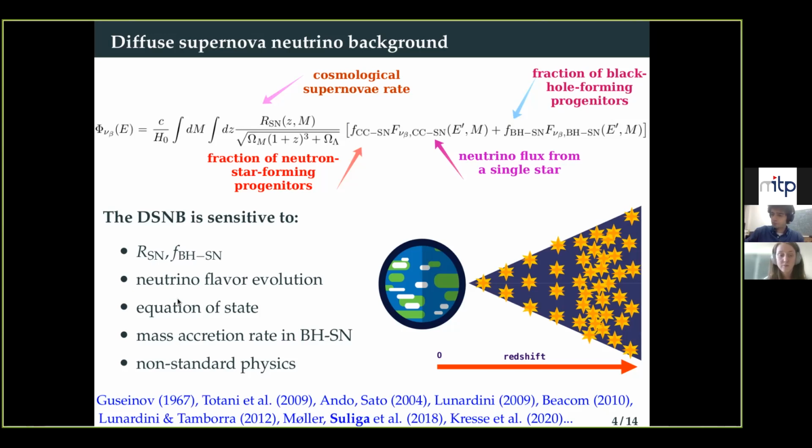Like, as I mentioned before, what is the neutrino flavor evolution in the dense medium, because, as we heard from Irene, and also what is the equation of state or mass accretion rate, especially in black hole forming progenitors. But if there is any non-standard physics involved that couples to the neutrino sector, this flux should also possibly carry some information about it.